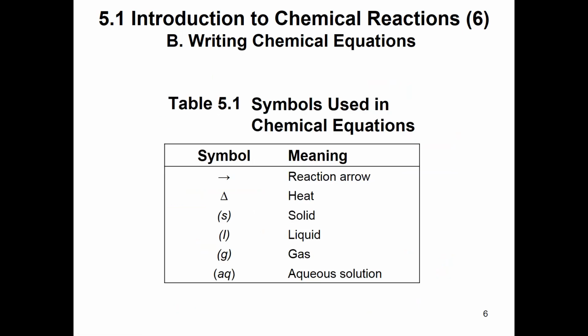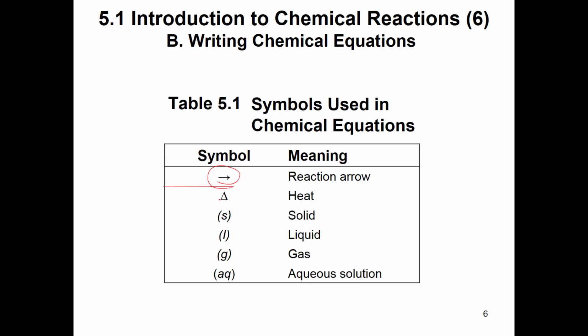So just some symbols, if you're not used to these, just know these, that you'll see an arrow means that that's the reaction. You're forming something, so that whatever's happening, your reactants are going to be on the left-hand side because your arrow's pointing that direction.